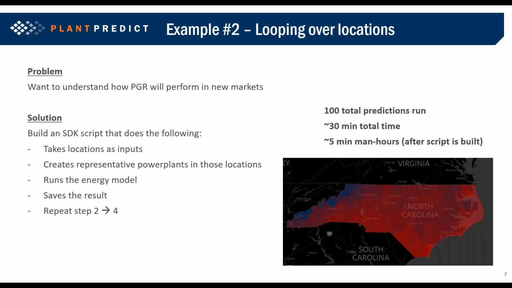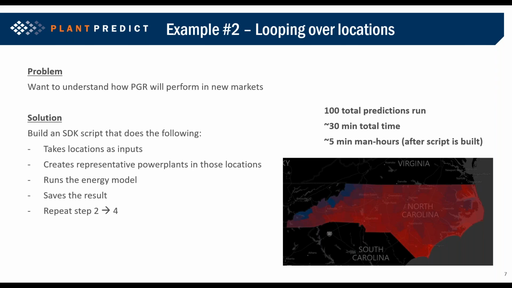And again, the theme that you'll see with these type of things is the automation, the looping, repeating steps 2 through 4. For this example, there are 100 total counties in North Carolina. It took, for this state, 30 minutes, but after the script was built, it took, again, 5 minutes.